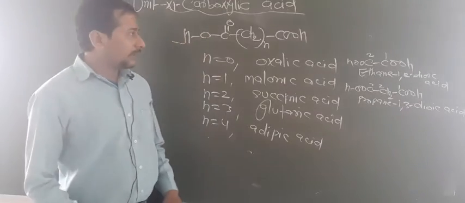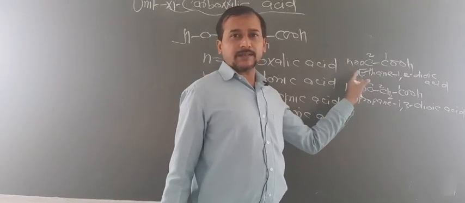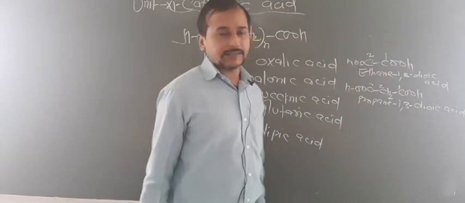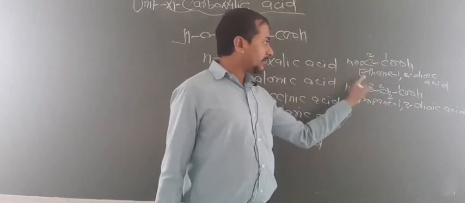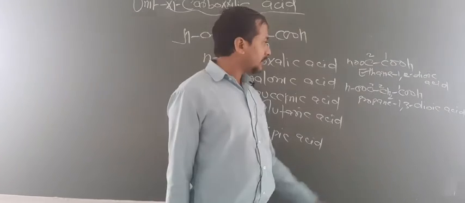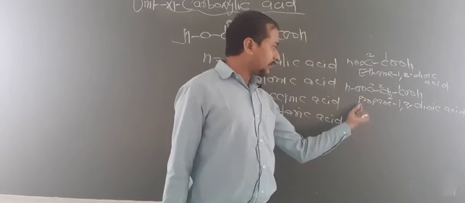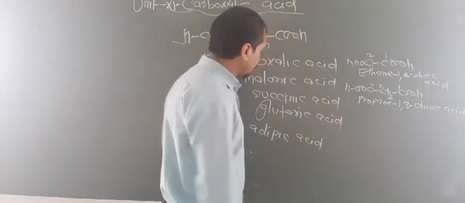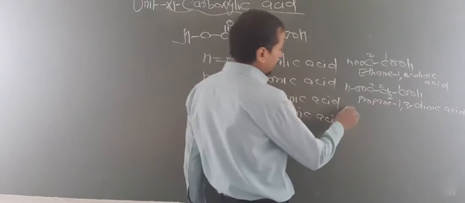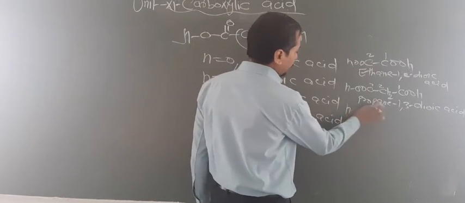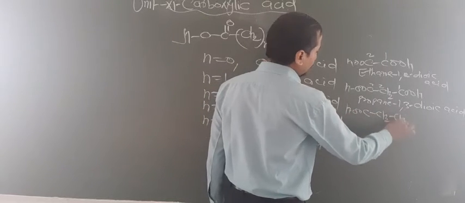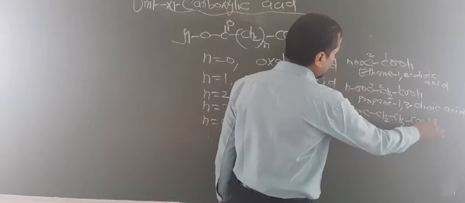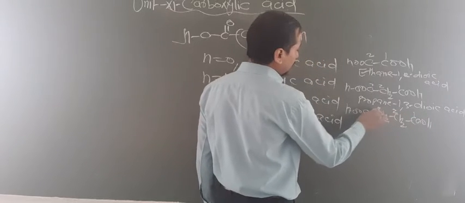So dear students, let us focus here on the names of dicarboxylic acids in IUPAC nomenclature. The 2 carbon acid is ethane-1,2-dioic acid. If there are 3 carbons, this is propane-1,3-dioic acid. In the case of succinic acid, this will be written like this: HOOC, CH2, CH2, COOH, so 1, 2, 3 and 4.